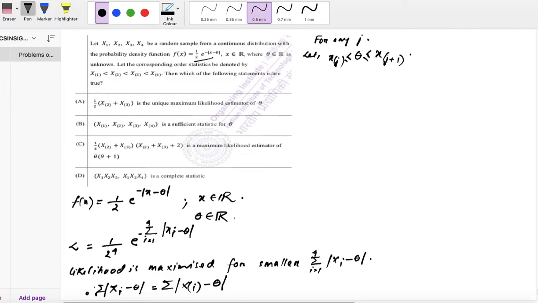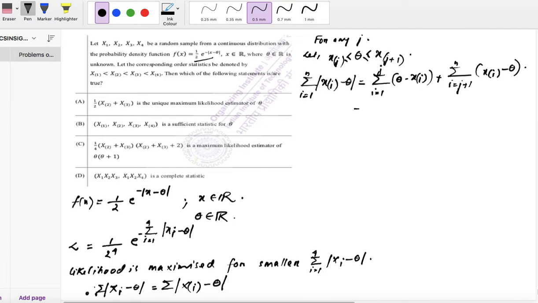So what we can write, if we consider the general case of containing n random variables, the sum of |xi minus theta| is equal to the sum for i goes from 1 to j of theta minus xi, plus the next interval continuing from j plus 1 to n, where theta is less than xi, of xi minus theta.